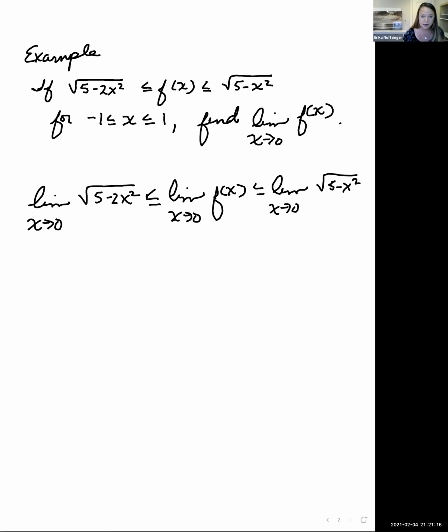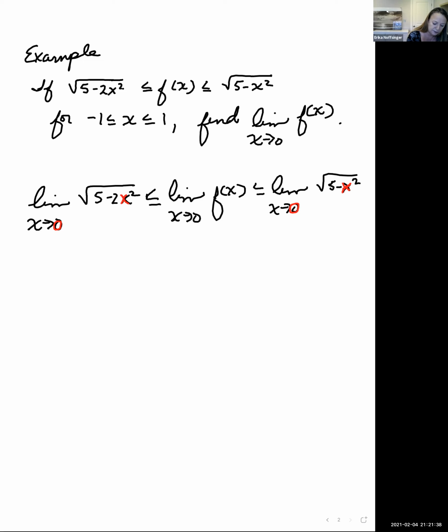By the limit laws that we learned the other day, we talked about using direct substitution, that's what we always want to start with, and it's not rational, so we're not going to get something like 0 over 0. So we're going to plug in 0 wherever we see an x.